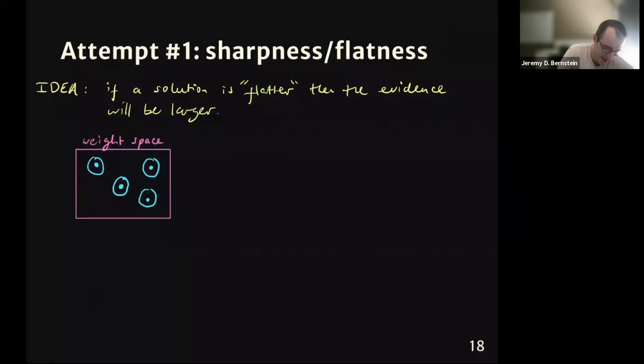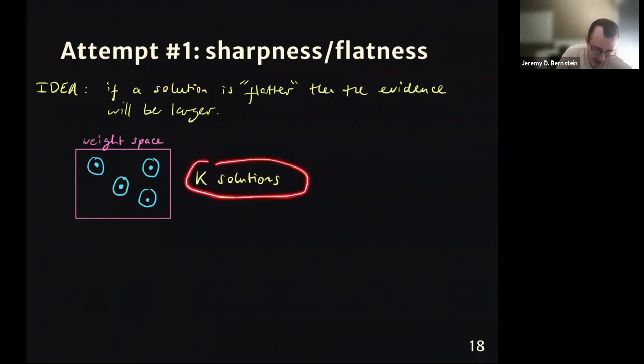So let's say that there are k solutions. But what we're going to do is take one of them and think about its flatness, and then whatever we get from that, we're going to multiply by k at the end to account for the fact that there were more solutions. Obviously, k is hard to know, but bear with me.